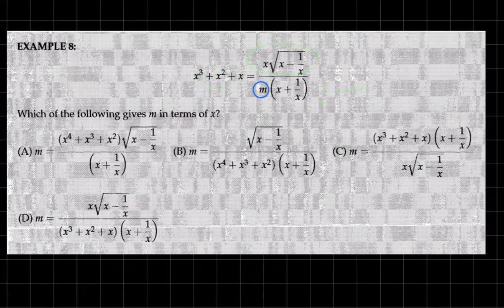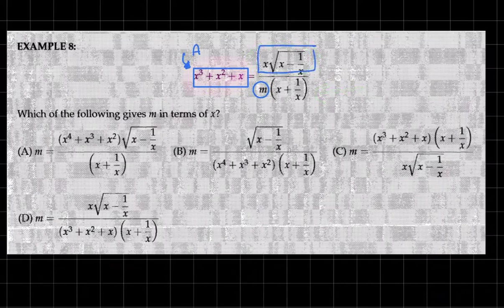Guys, what if we just replace this one here, this whole expression, instead of being x cubed plus x squared plus x, I'm going to say this one is going to be equal to A. So now we know that the value of A is x cubed plus x squared plus x.